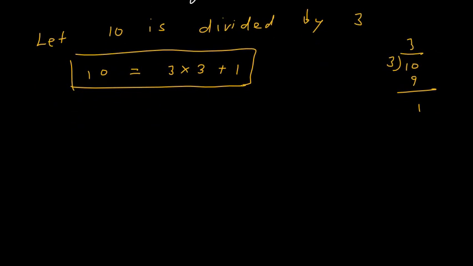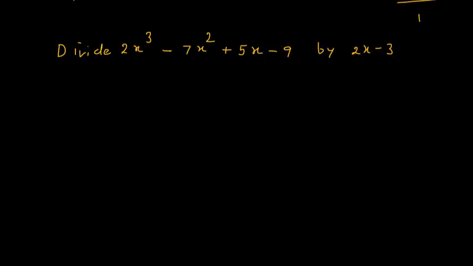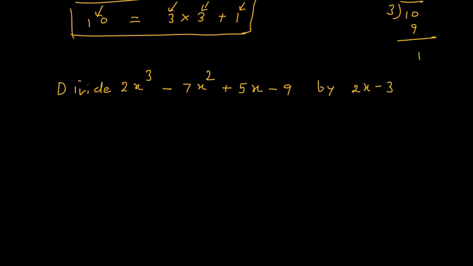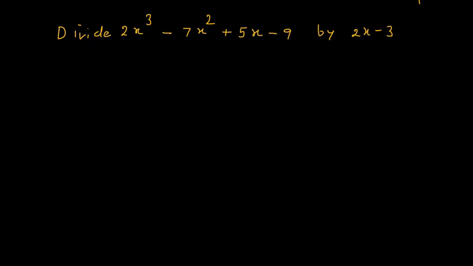In the same way, here I have divided 10 by 3. In the same way, I can divide one polynomial by another polynomial, and I will get some quotient and some remainder. Okay, so let us understand this with the help of an example. Here let us divide 2x cube minus 7x square plus 5x minus 9 by 2x minus 3.